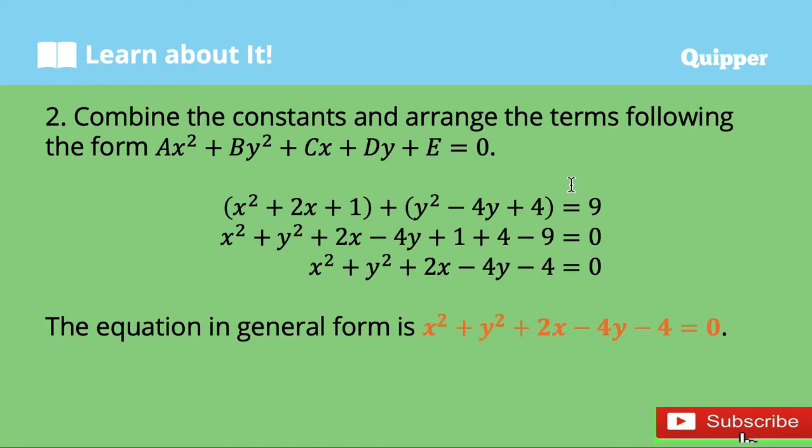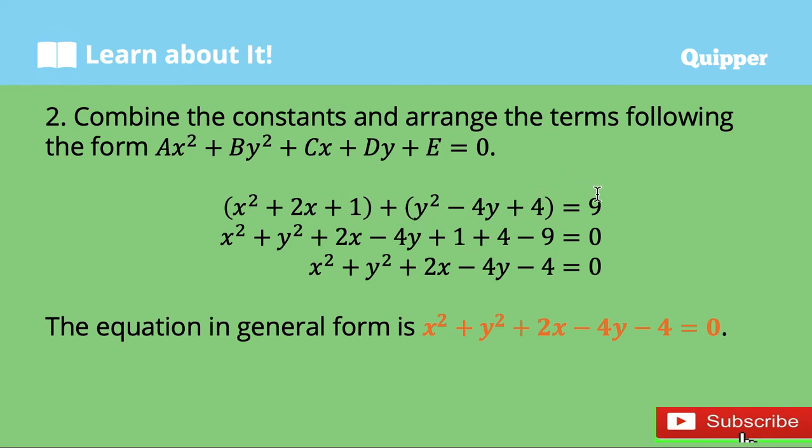Second, we are going now to combine the constants and arrange the terms following the format ax² + by² + cx + dy + e = 0, which is the general form. So from here, we have x², then y², 2x − 4y, then plus 1 plus 4.